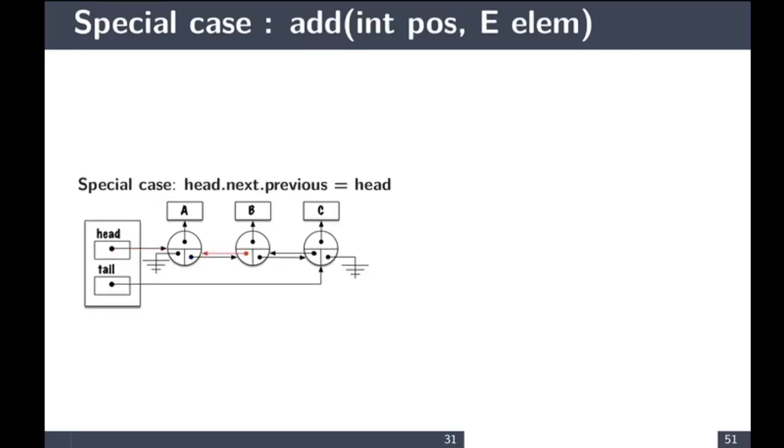Head is pointing at the first element. The instance variable next brings me to the next node, the second one. I want to change the instance variable previous of that node, and I want it to point where head is pointing. That's the red arrow.